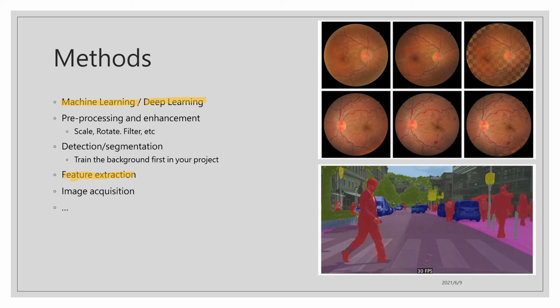Computer vision also produces lots of interesting pre-processing or enhancement applications. For example, this is the image of our eyes, captured by a Canon camera, I remember. We need to do some pre-processing before we put it into a deep learning or machine learning model.